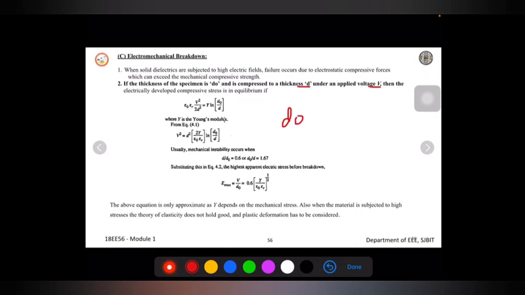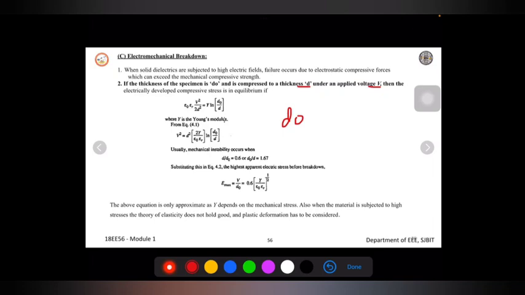The electrically developed compressive stress is given by the equation epsilon naught epsilon r V squared divided by 2D squared, which is also equal to Y ln of D naught by D, where capital Y is Young's modulus. We can simplify that equation with respect to V squared, which gives the voltage applied to the solid dielectric medium.